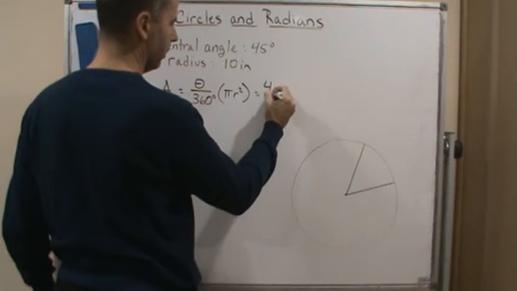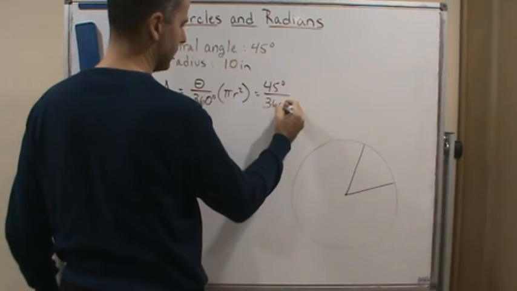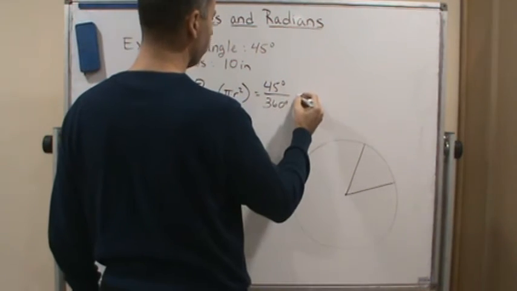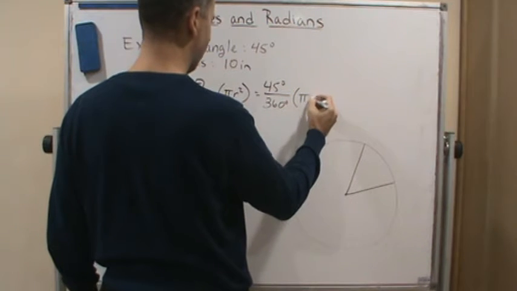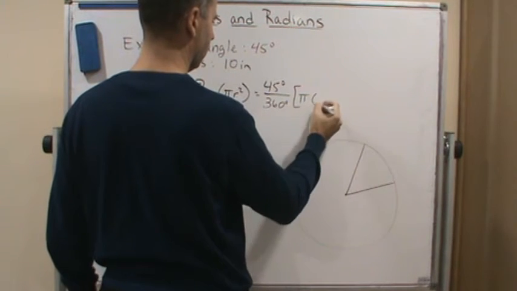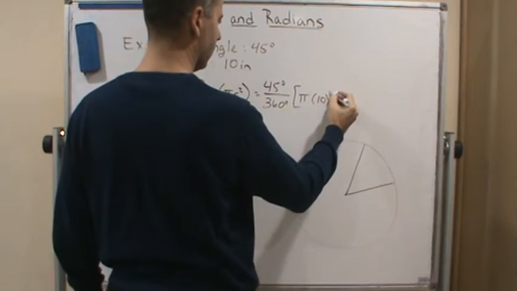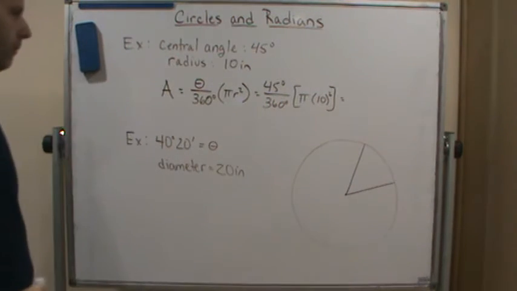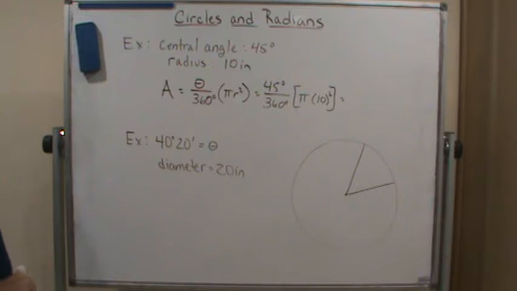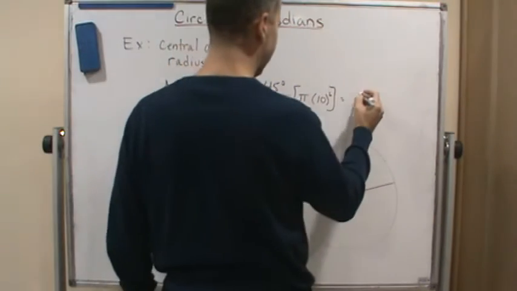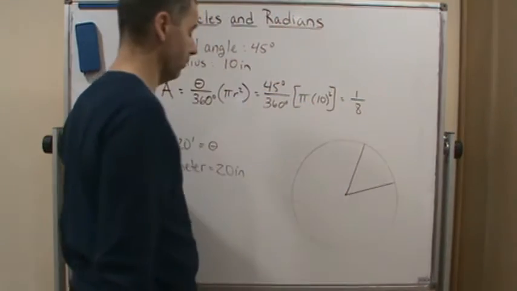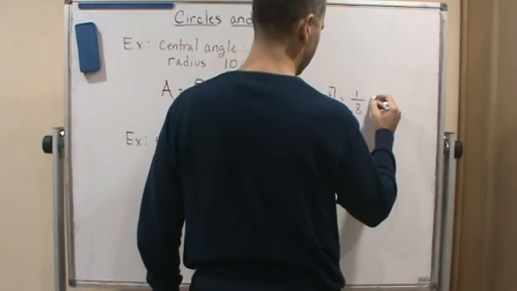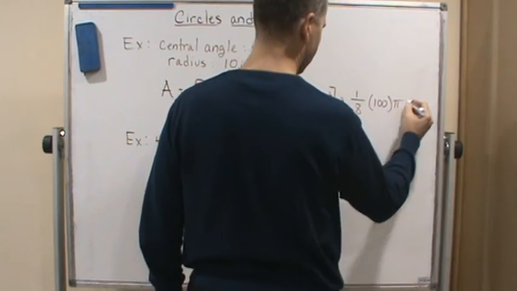So it's 45 degrees over 360 times pi times 10 squared. Okay, and so this is going to be 1/8 times 100 times pi.